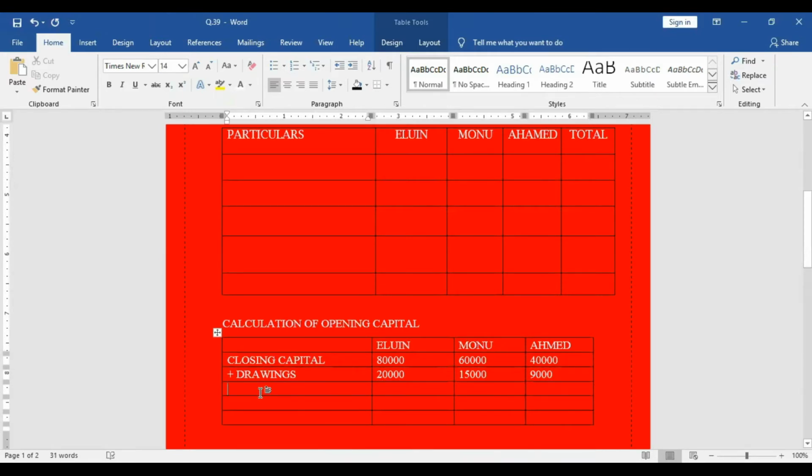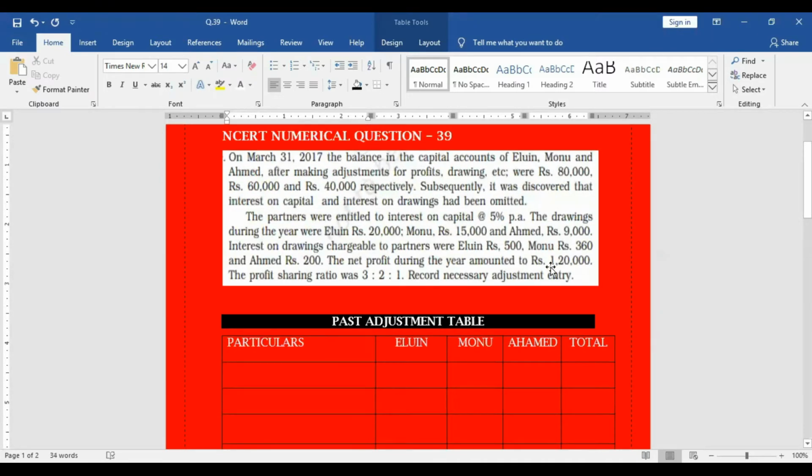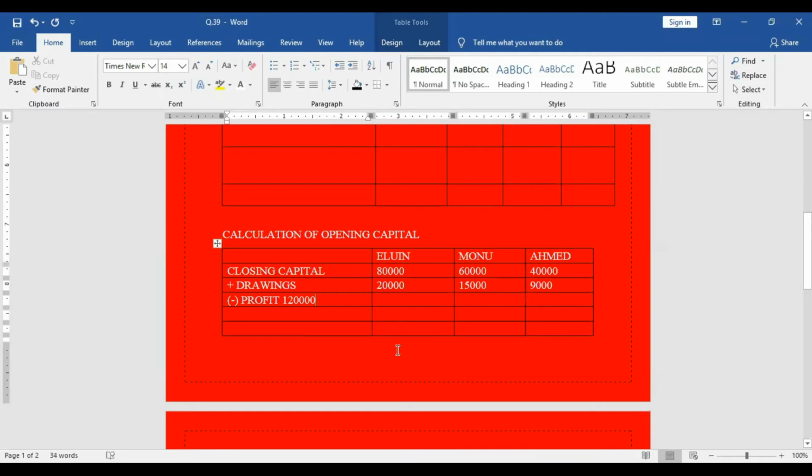And we have to reduce the profit. It is 1,20,000 given, which is distributed according to the ratio 3:2:1. So if you divide, Yelun will get 60,000, Monu will get 40,000, and Ahmad 20,000. This has to be subtracted.